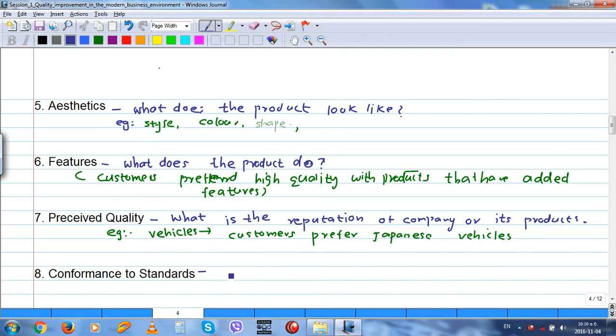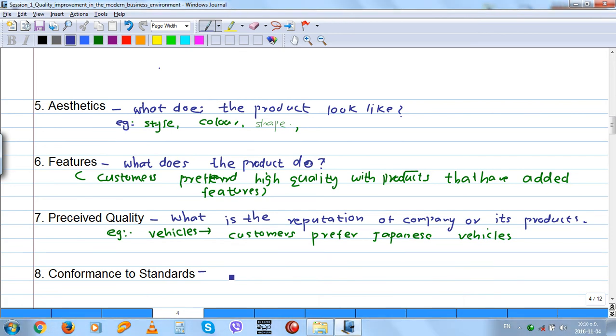If it is not in the standard size, it is difficult to replace. So that is the meaning of conformance to standards. It should have a standard.